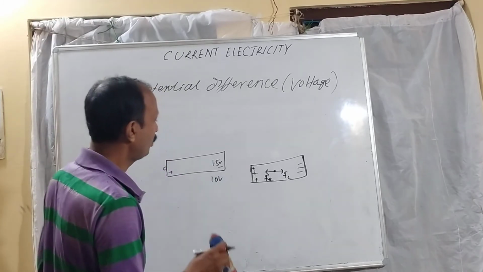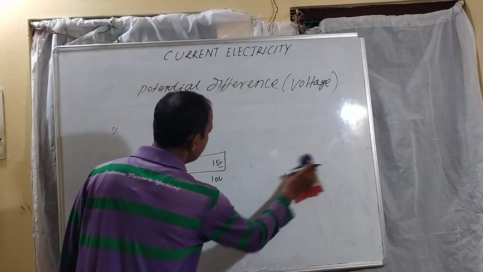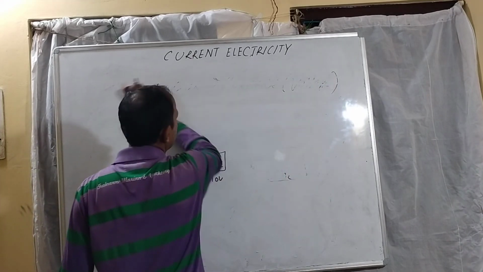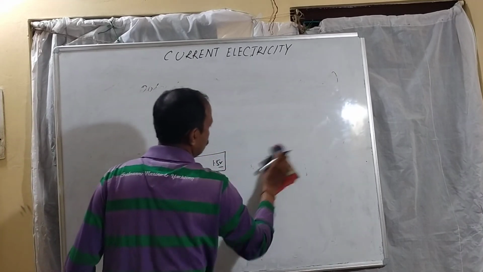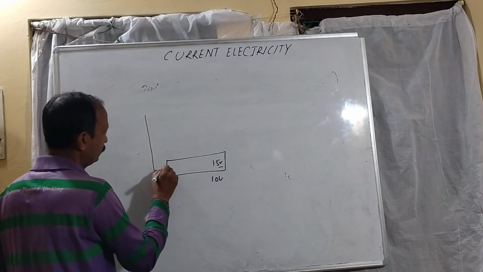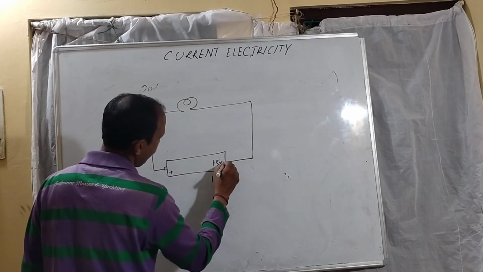Okay children, now listen carefully. How does it work? I want to explain the work done by a cell. Now this cell will be connected. Suppose there is an electric bulb connected like this.